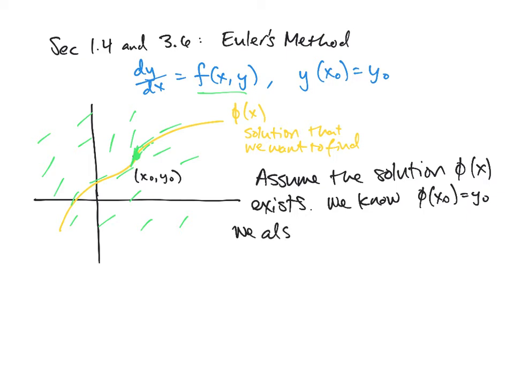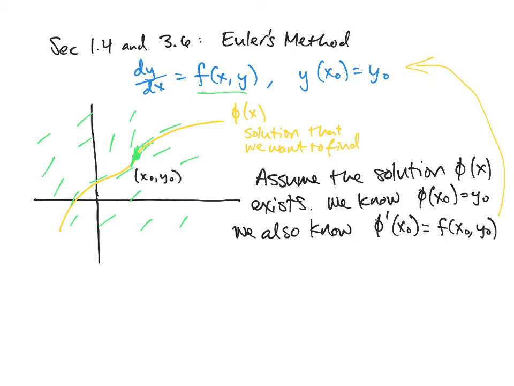We also know that phi prime at x naught is f of x naught, y naught, okay? Because we know that phi satisfies our differential equation. So that comes from our differential equation right there. And so now that tells us something about the tangent line.